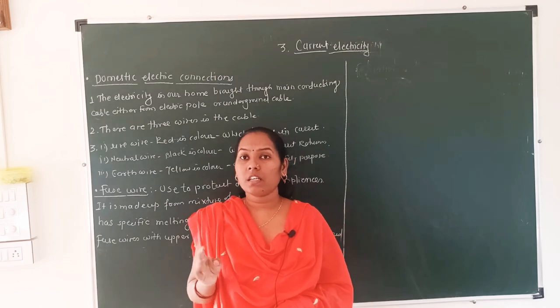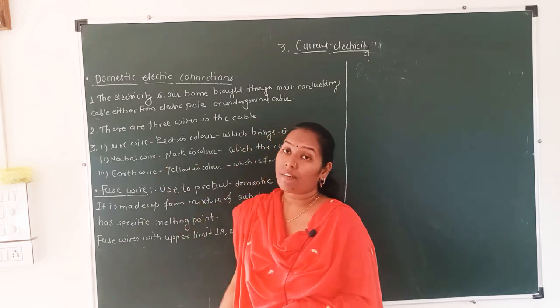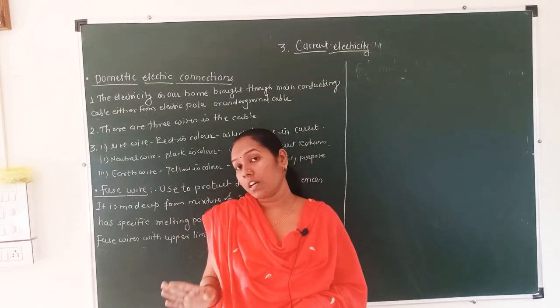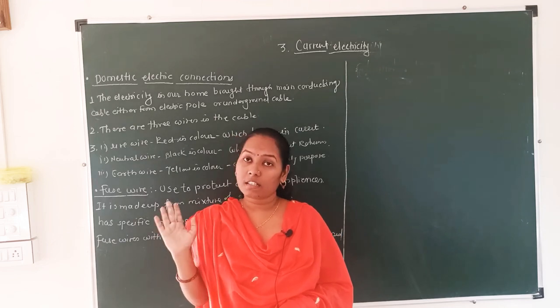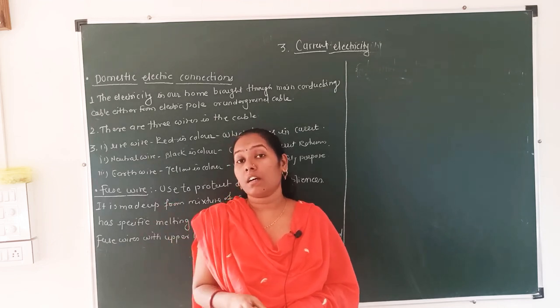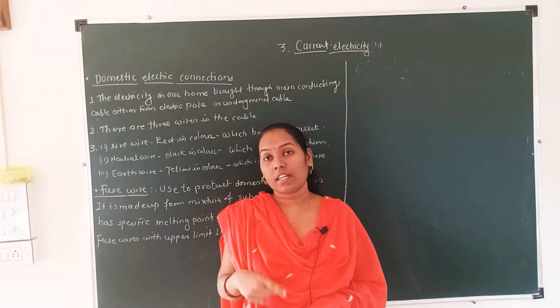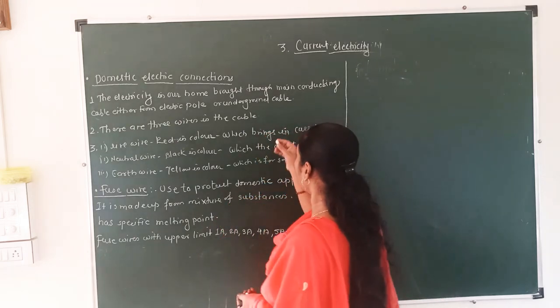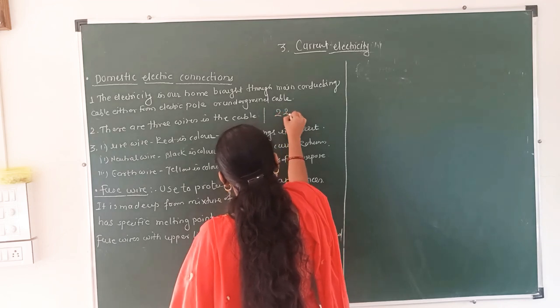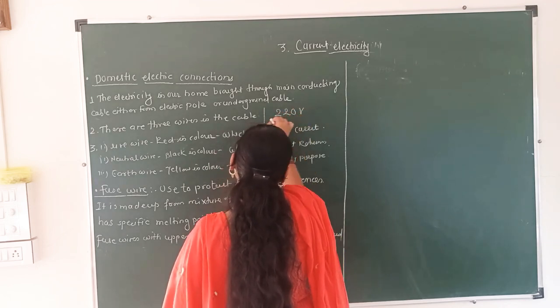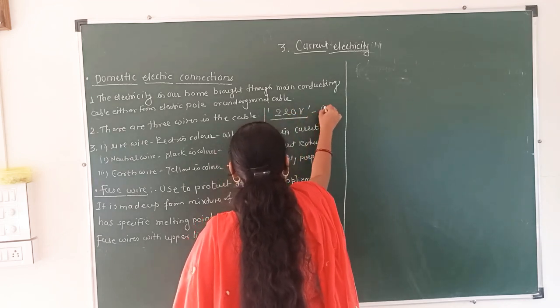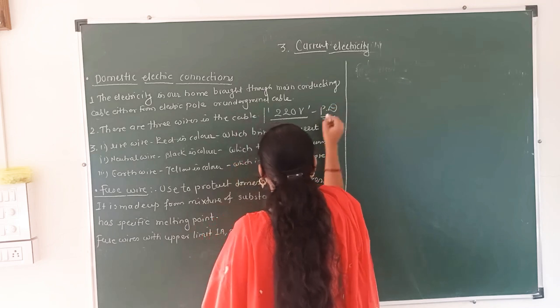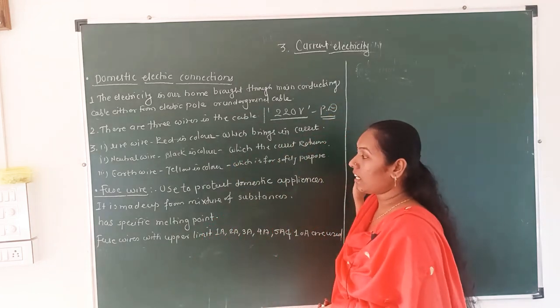The second is the neutral wire, which returns the current, and the third one is the yellow wire. The yellow wire is for safety purposes, and the potential difference between the live and neutral wires is about 220 volts. How much potential difference between these two wires? 220 volts.